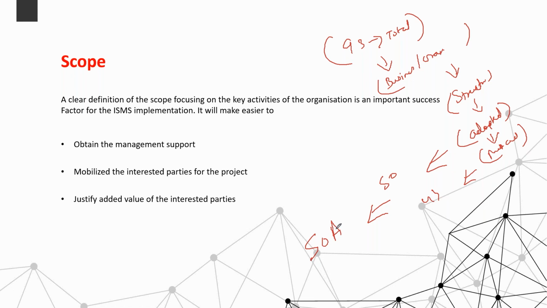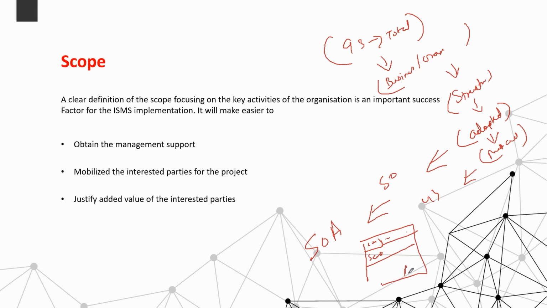In the Statement of Applicability, we give complete information about the clause, which particular control it is, the control number, the control name, and then the scope under which we are adopting this particular control.